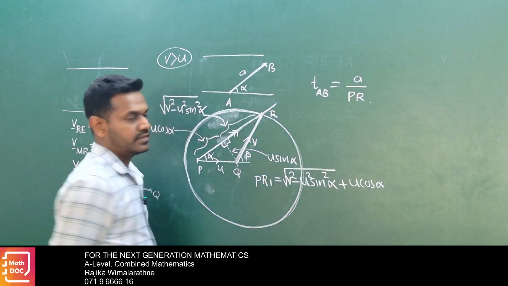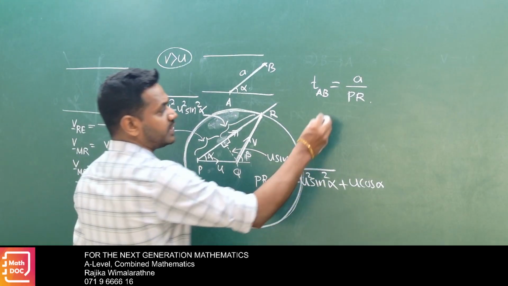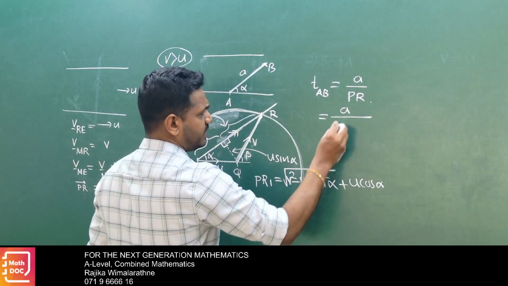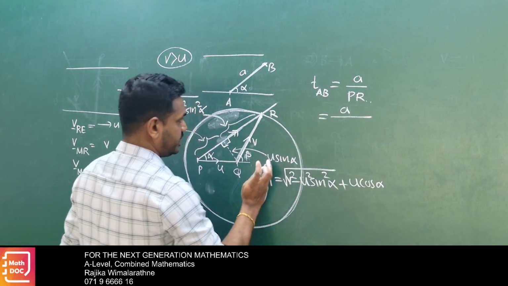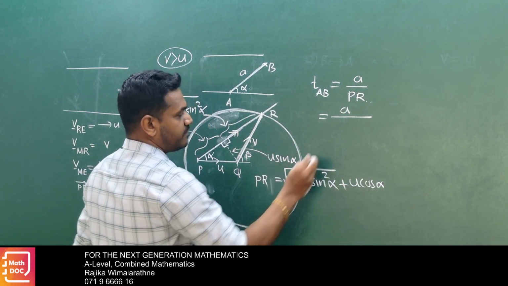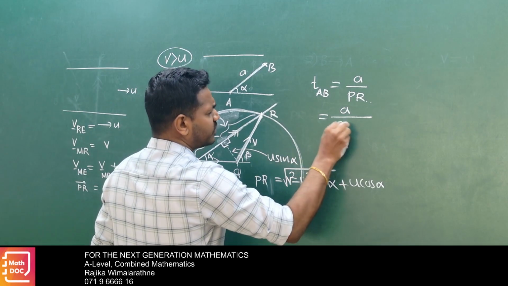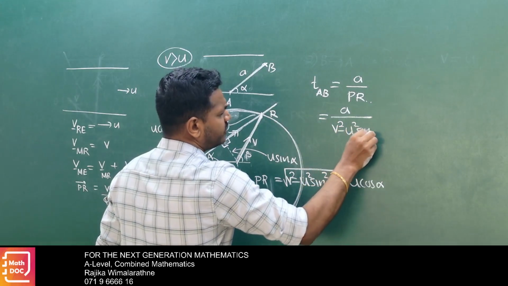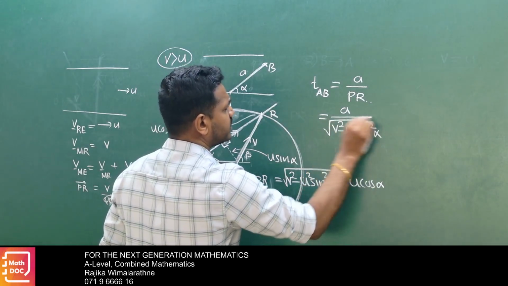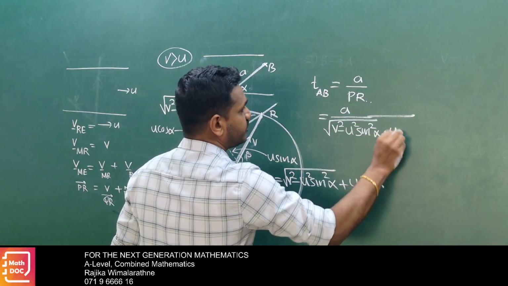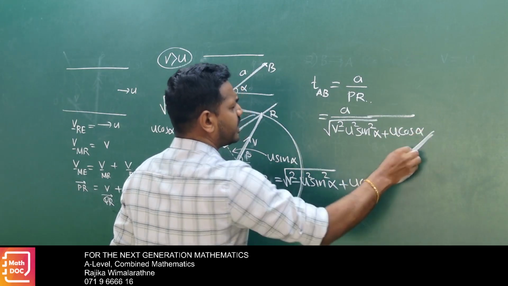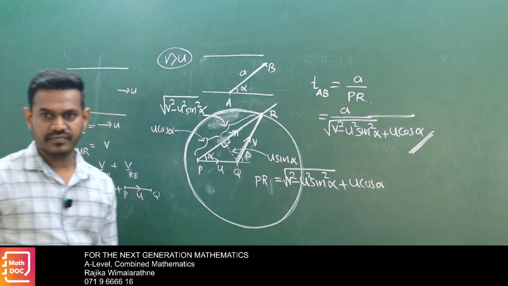Now here, the velocity. Then the corresponding time is A over PR1, PR, it is PR. Then A over root of V square minus U squared sin squared alpha plus U cos alpha. Here the time. That's the time.